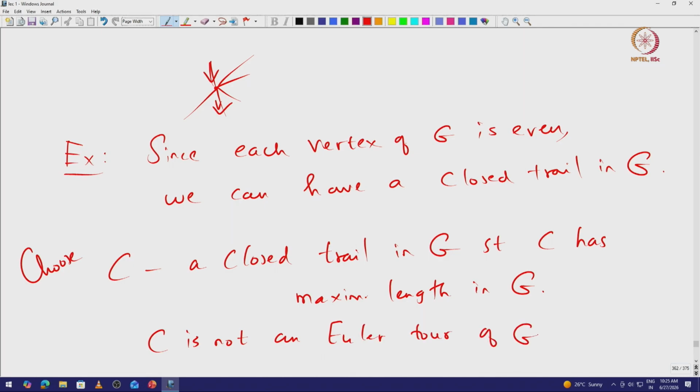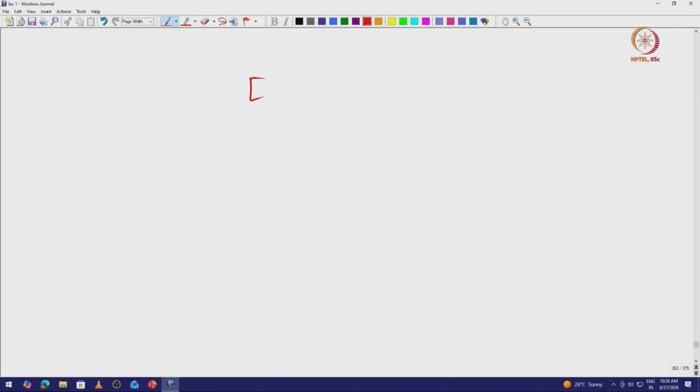So, C is not an Euler tour of G. That means it has to miss some edges from G. Okay. So, if we take the edge set of C and remove it from G, then this should have some edges. Now we can write this as a union of connected components. Then we can choose a connected component, let us call it G dash, with the number of edges being positive.